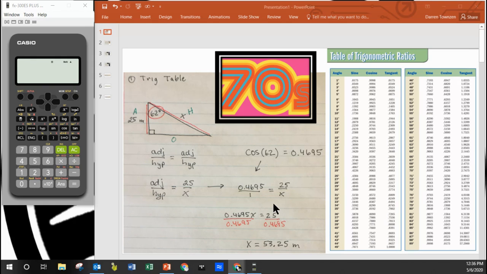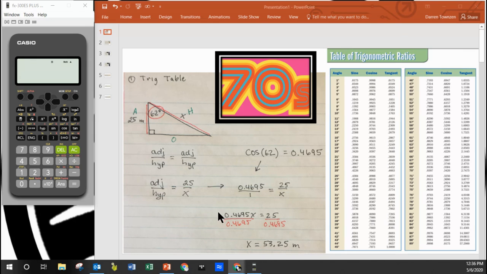And this is a part of the problem that caused a lot of difficulties for you last night. When you do the cross product, in this case, you're multiplying 0.4695 times the denominator here, which is x. So that gives us 0.4695x. And when we multiply the other way, we get 25 times 1, which is 25.